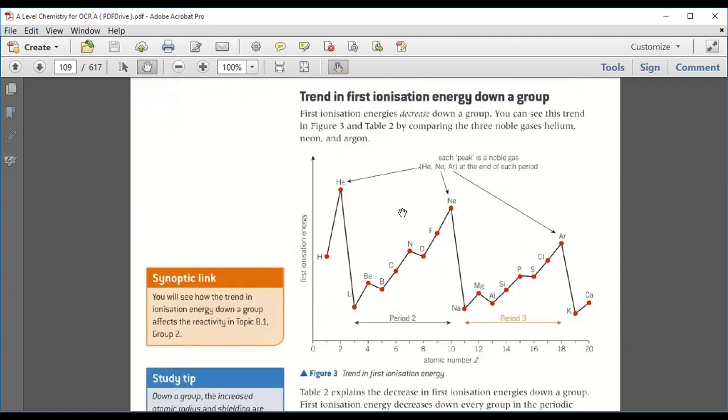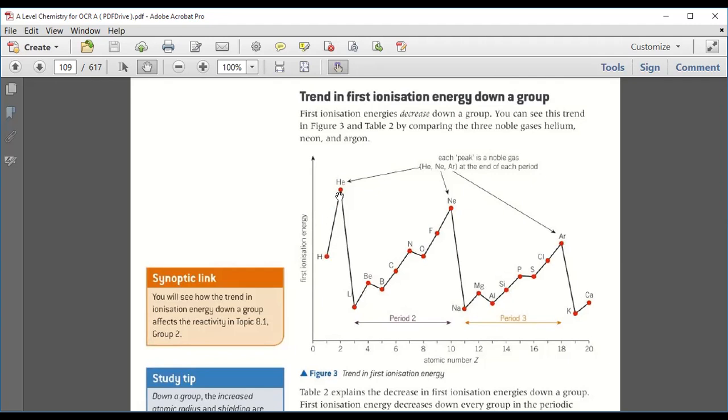For the first 20 elements: hydrogen, helium, lithium, beryllium, boron, carbon, nitrogen, then a dip down, then again an increase, and again a dip down, and then again a zigzag. Now we will study why this happens.